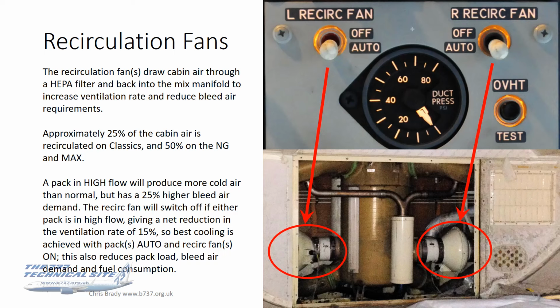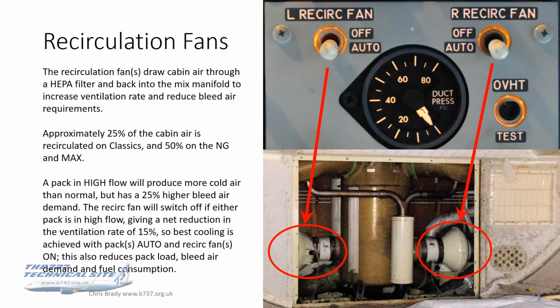Now, a common question that you get on the line is, which is best to do for cooling and ventilation, to have the pack in high or the recirc fan on? Well, the answer is that a pack in high flow will produce more cold air than normal, but it's got a 25% higher bleed air demand.